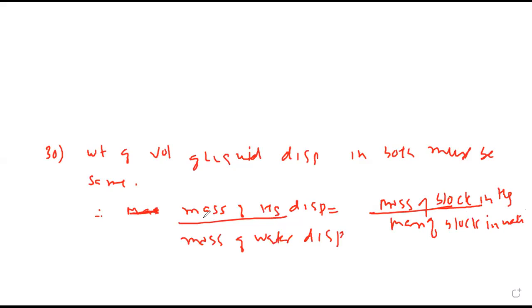See, they don't want weight, they are telling mass of mercury displaced. So mass of the block in water and mercury both is same. That means this ratio will come 1.